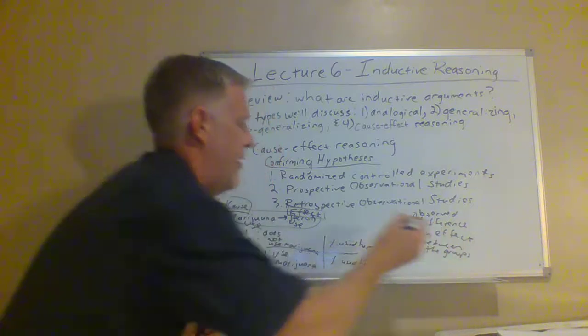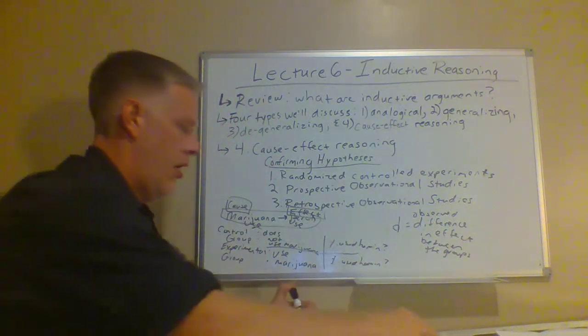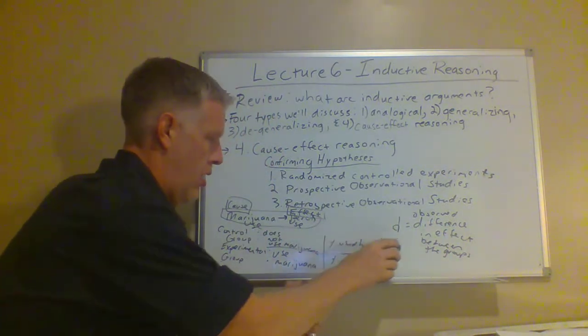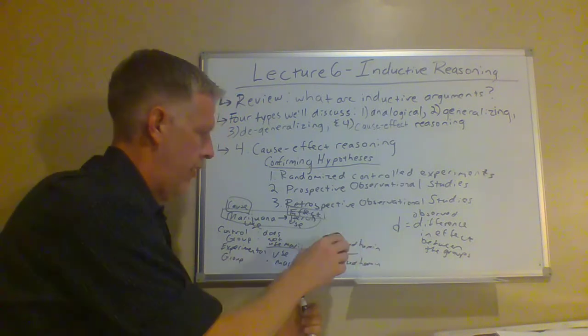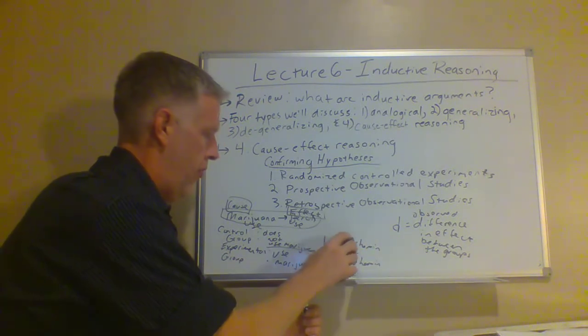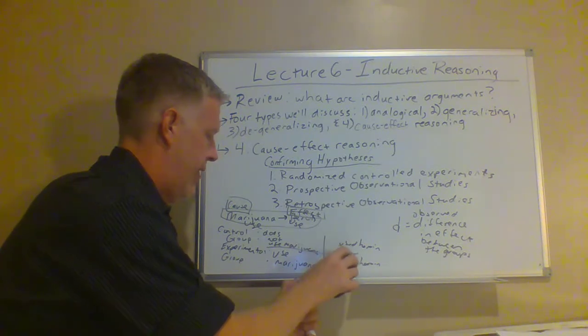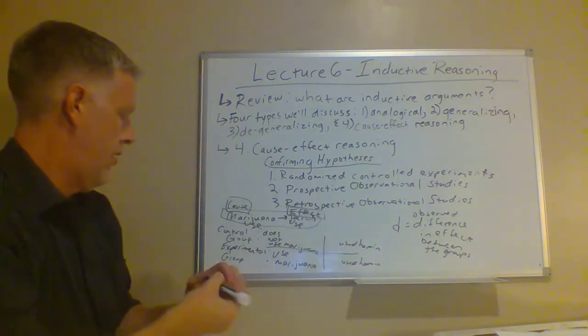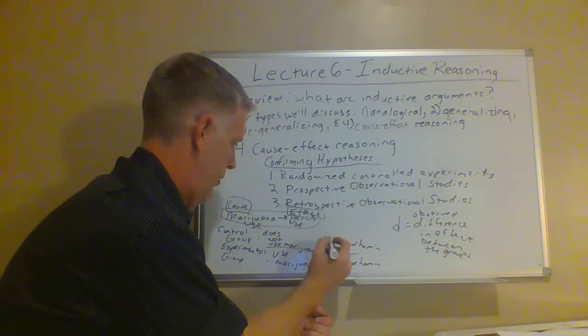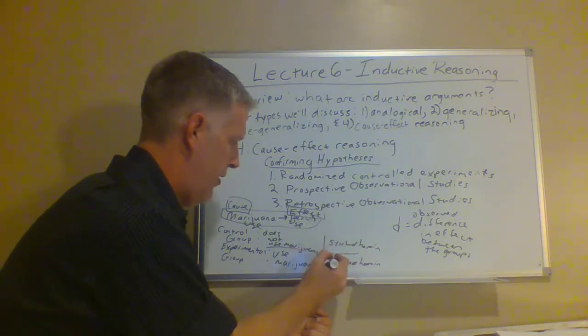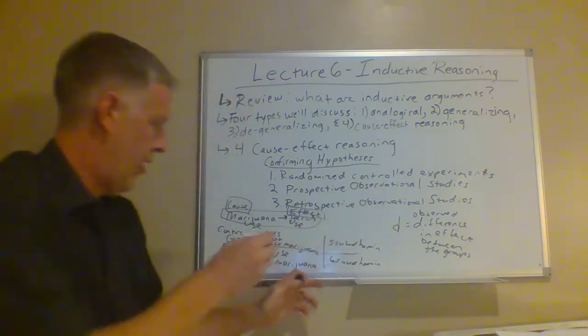So let's say, just for a point of illustration, let's give some numbers here. Let's say 5% used heroin and 6% used heroin in this group.